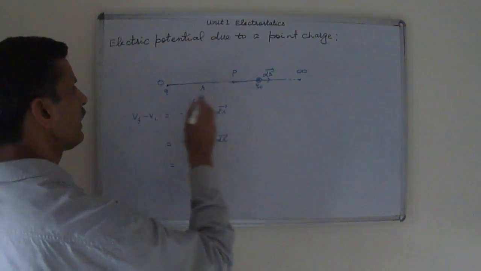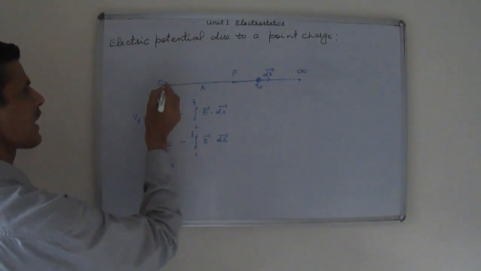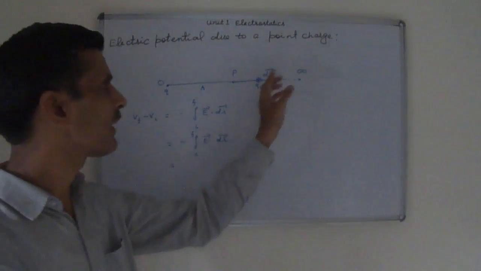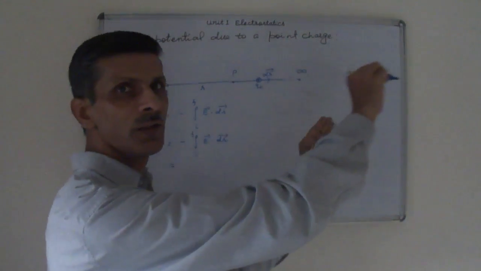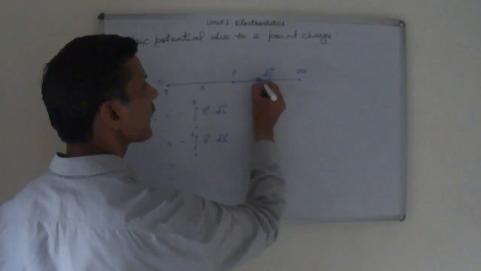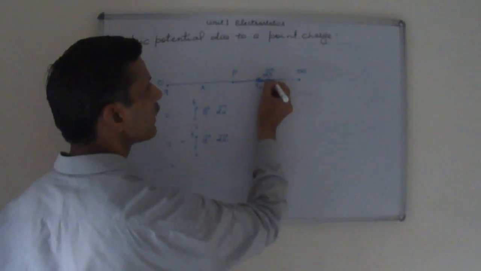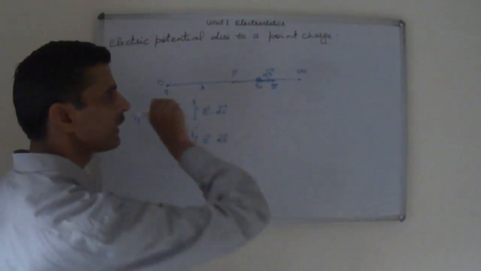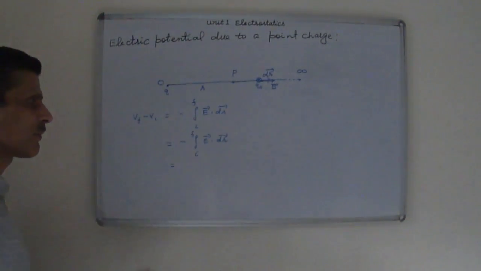Now here you see, if this is a positive charge, then its electric field is directed radially away. So the electric field vector is also directed radially away. E vector and dr vector are in the same direction.